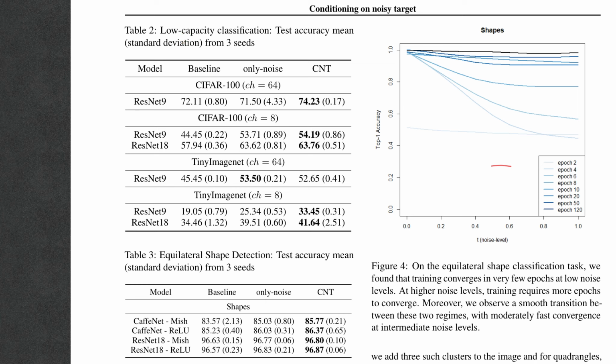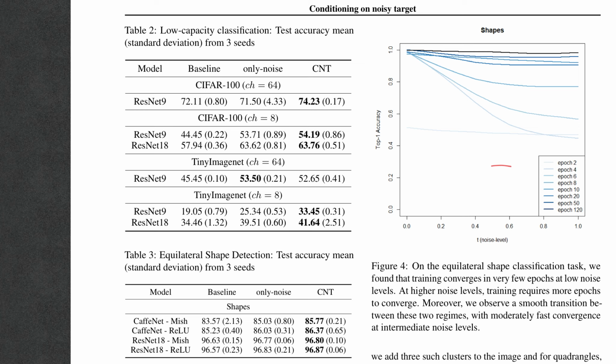Now we go to low capacity classification. So we have CIFAR-100 and Tiny ImageNet. This time you can see, for example, for ResNet-9 on CIFAR-100, you go from 72 to 71 if only using the noise version, but you go to 74 if you provide the hints.